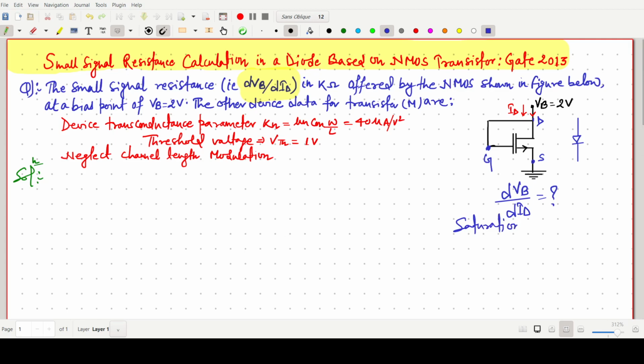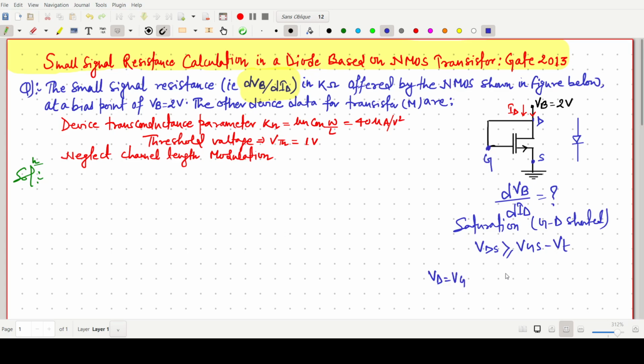Saturation region when gate and drain are shorted. For the time being, suppose for the saturation region, the condition is VDS should be greater than or equal to VGS minus VT. From this one can say that the VD value is the same as that of VG, because both have the same potential.